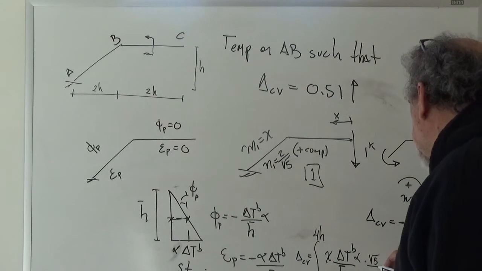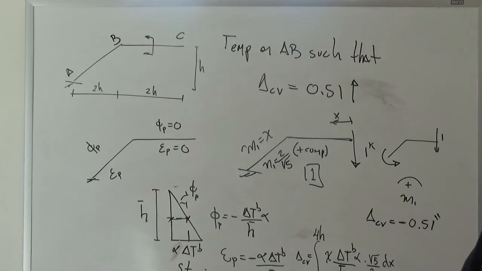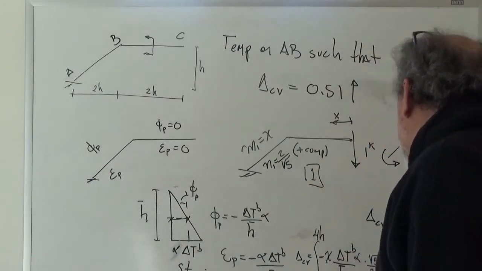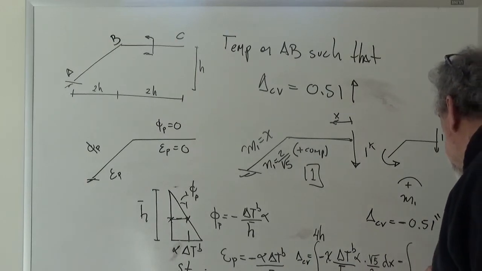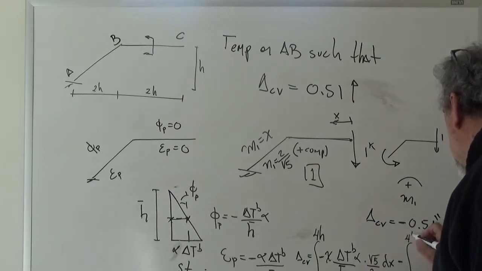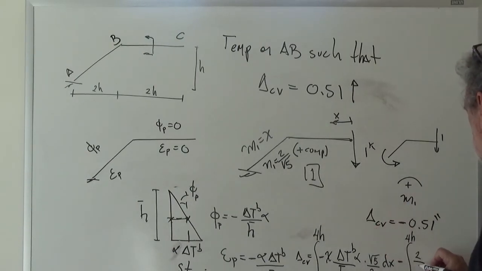Square root of 5 over 2 dx, right? With a negative. And that is the bending part, minus the integral from 2h to 4h of the axial contribution. The n1 is 2 over square root of 5, right? And the epsilon p is the minus y. This is minus alpha delta t at the bottom divided by 2. Square root of 5 over 2 dx.